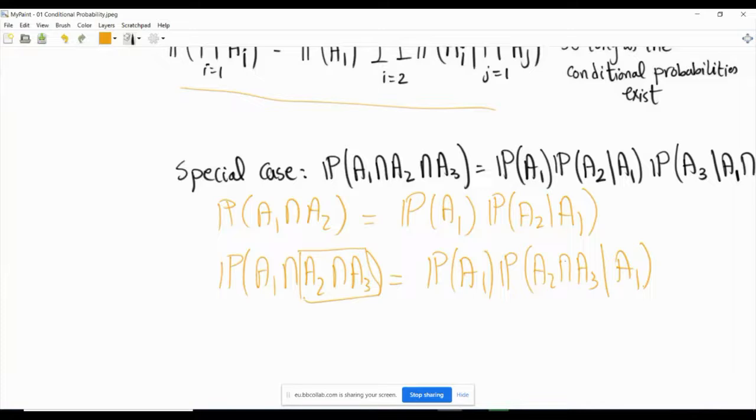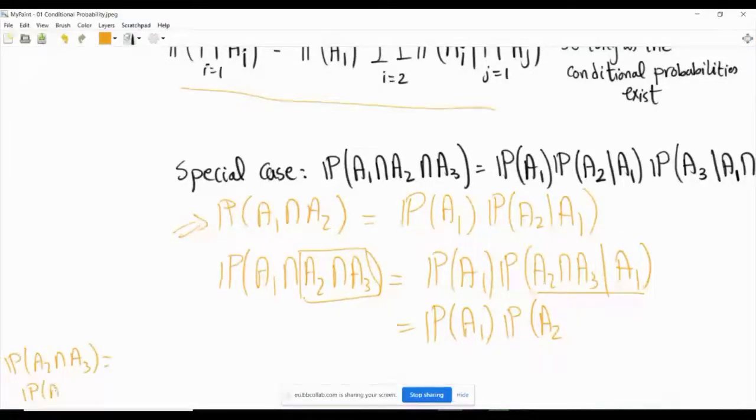And then you can repeat the trick again. This is the probability of A1, and now we have the probability of an intersection given A1. Like in the first case, we can apply the trick here, but now conditioned on A1. So this is the probability of A2, if we don't have a condition, so let me put it here, the probability of A2 intersection A3. What is this thing?